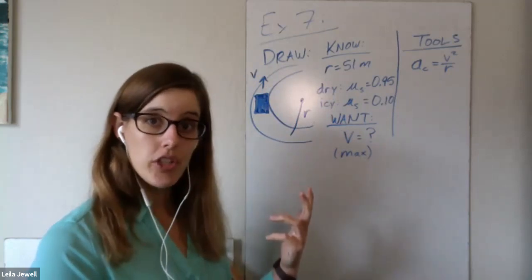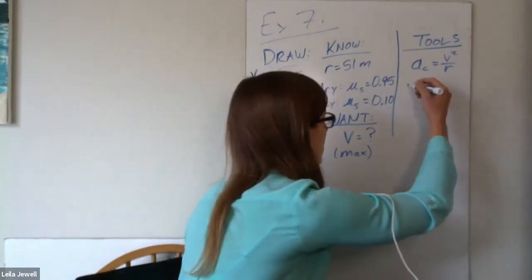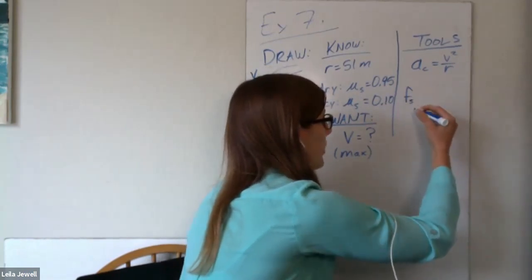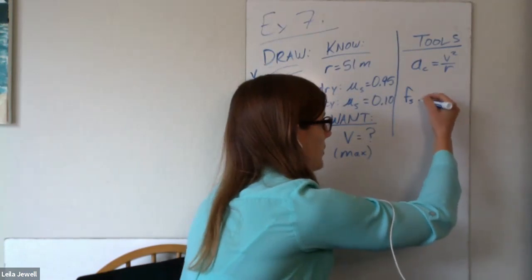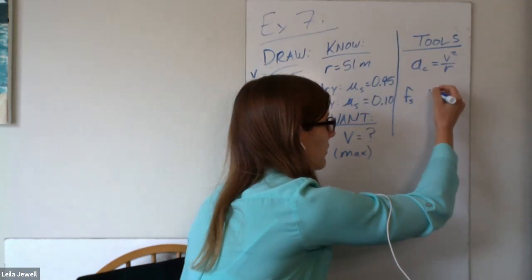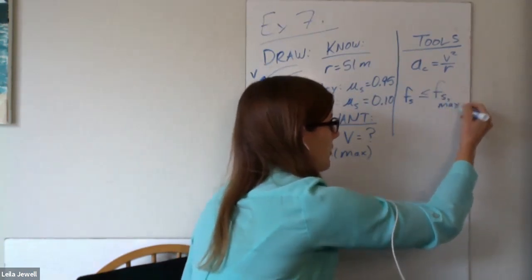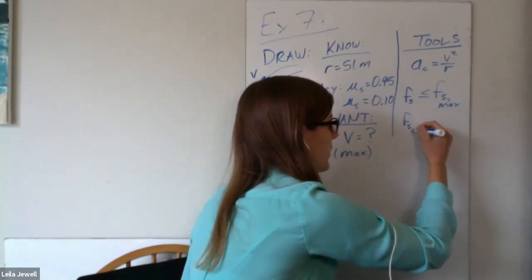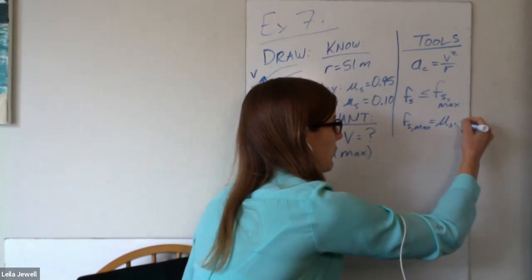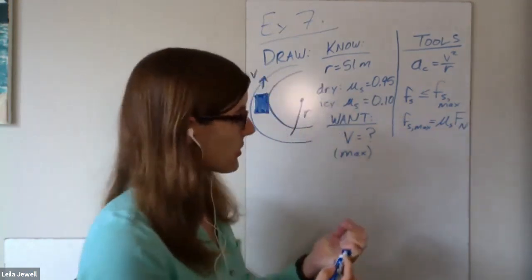So that suggests to me that we might care about our static friction force, right? So the force of static friction is going to be less than or equal to the maximum value, Fs max, right? And we know that we can calculate Fs max with the coefficient of static friction times the normal force, right? Where that is the normal force.